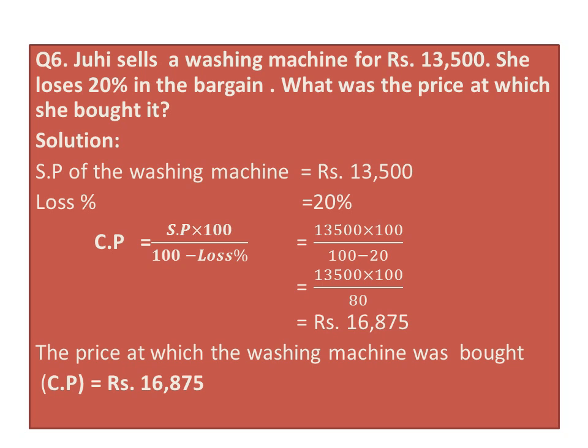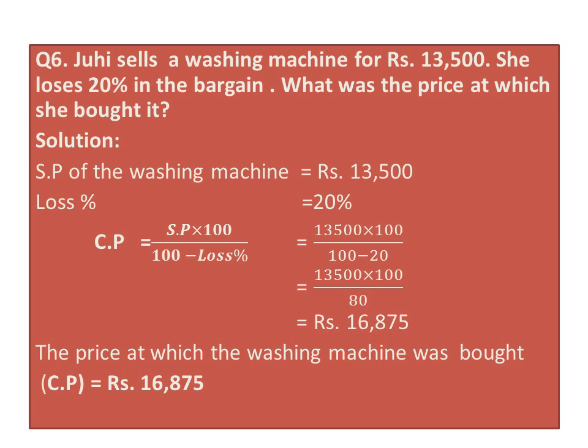Loss percent is given as 20. That is equal to, again 13,500 multiplied by 100 upon 100 minus 20, we will write 80. So after this calculation we will get rupees 16,875. So this is the CP of the washing machine.